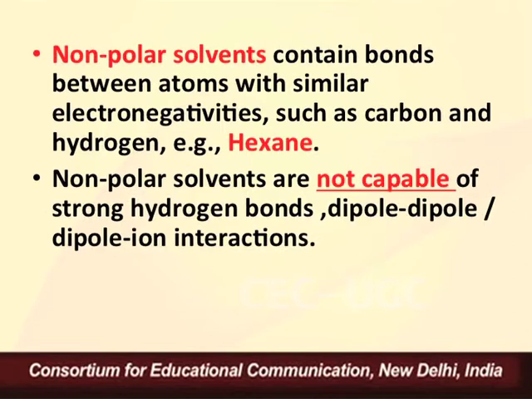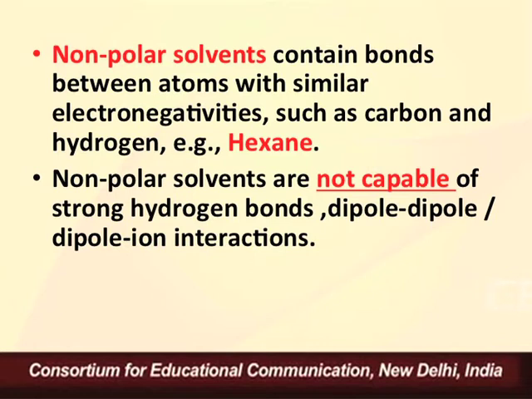So what do we mean by a non-polar solvent? A non-polar solvent is one in which there are bonds between atoms with similar electronegativities, such as carbon and hydrogen, and for an example we can consider hexane.